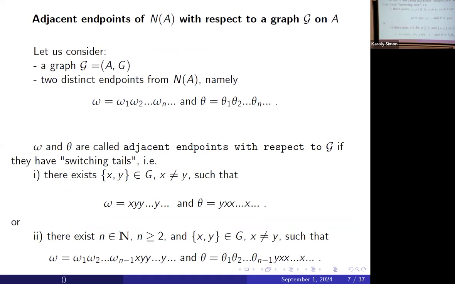If, starting with some position, we can find two different elements x and y such that the set consisting of x and y is an element of G, such that omega looks like x, y, y, and so on, and theta is y, x, x, and so on, then we say that omega and theta are adjacent endpoints with respect to the graph G. So in other words, omega and theta are adjacent endpoints if they have a switching tail, if I can switch x and y.